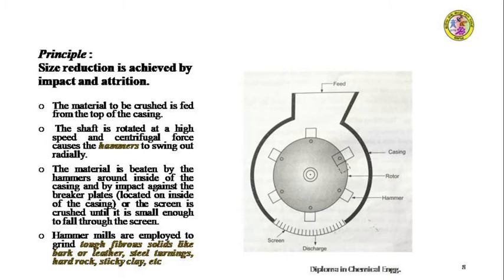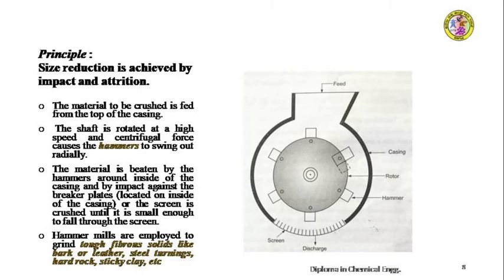Coming to the specific applications of hammer mills, they are employed to reduce the size of tough fibrous solids. You know what the problem with tough fibrous solids is, no? They are resistant to impact. So a greater impact force needs to be applied on such solids, and that is done in hammer mills.